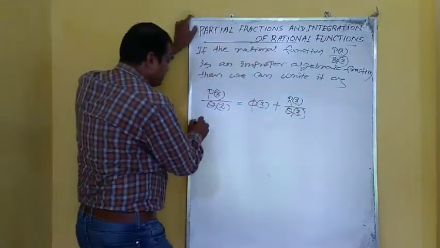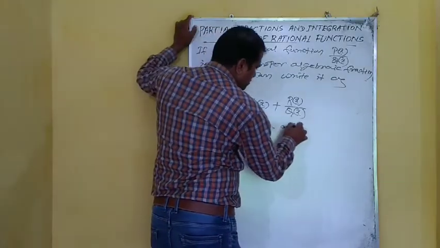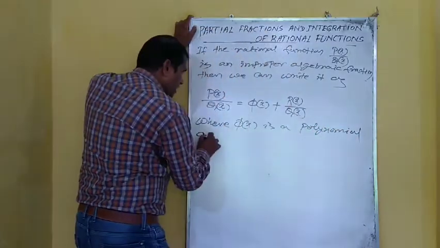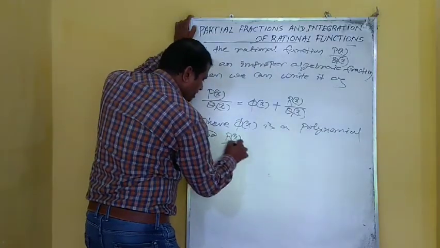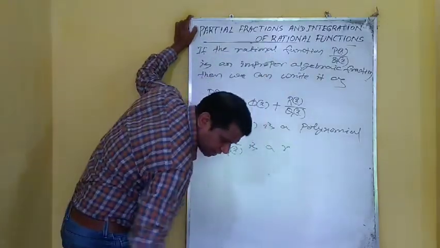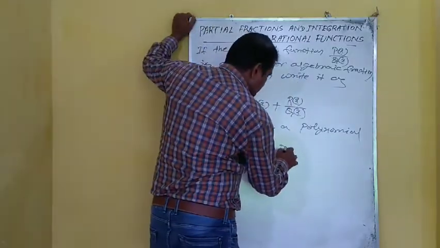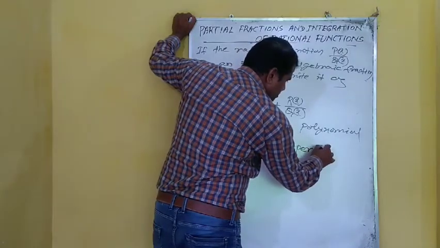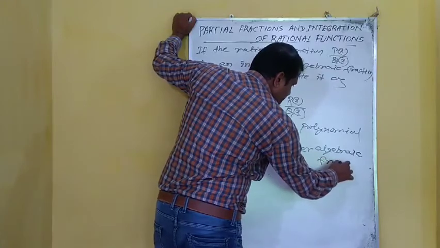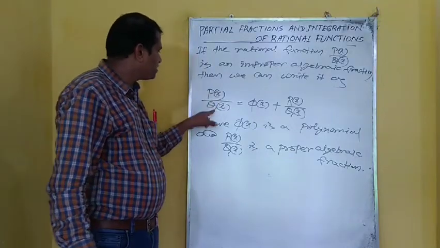Okay, where phi of x is a polynomial and r of x by q of x is a proper algebraic fraction. Okay, that is, we get it by dividing p of x by q of x.